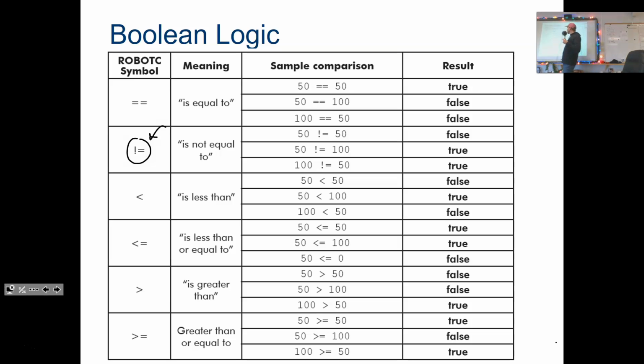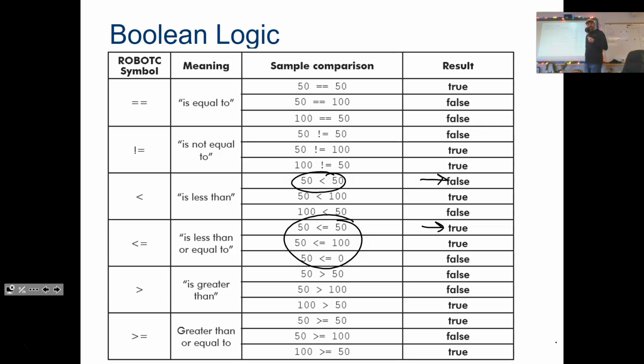So we're learning a different language here, a programming language. You can do less than or equal to, greater than or equal to. It's got what we call truth tables over here, and you can see they give 3 examples for each. So is 50 less than or equal to? That's true. But then when you go is 50 less than? That's false.